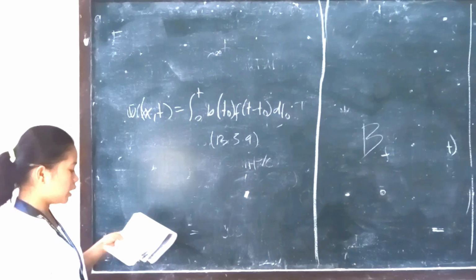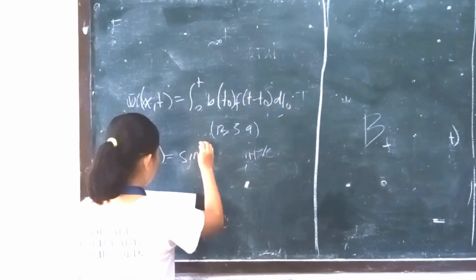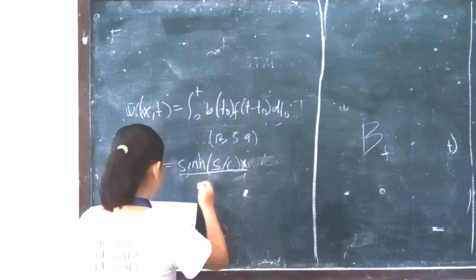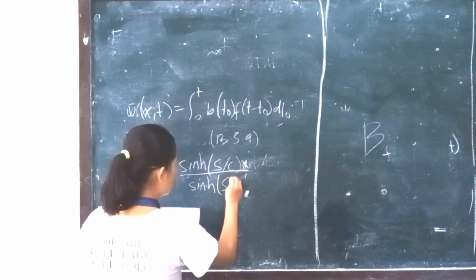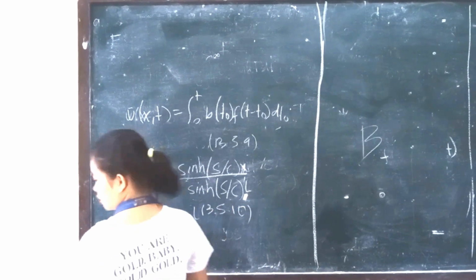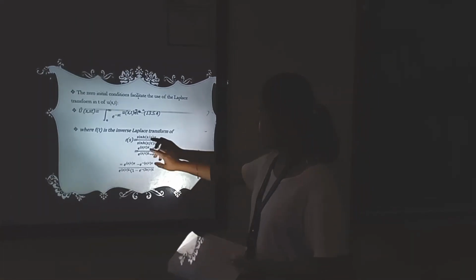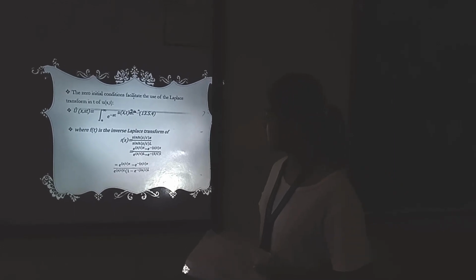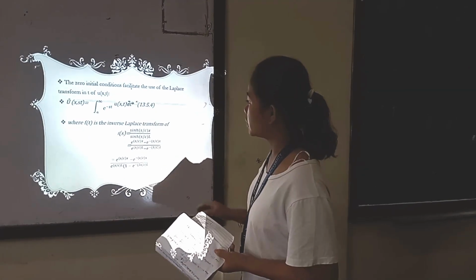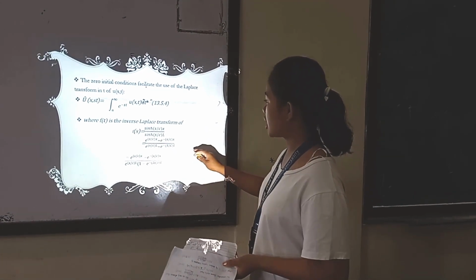Then, where g of t is the inverse Laplace transform of G of s equals sinh of s over c times x over sinh of s over c times L. So this is 13.5.10.